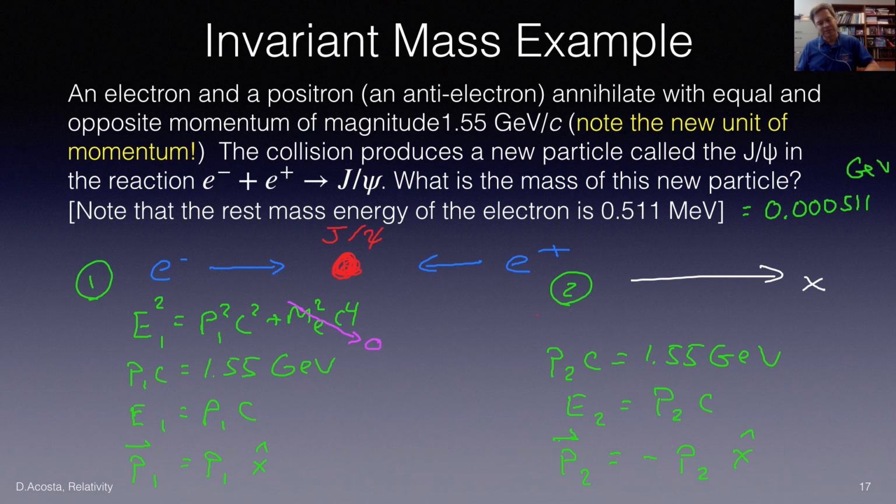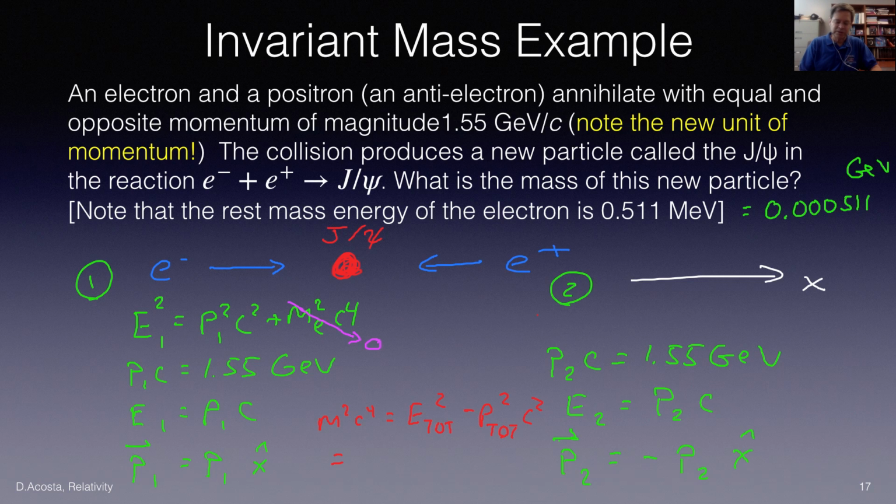So, I made this slide a little bit busy here, but we can now calculate the mass of this object, this so-called J psi. Remember that mass squared c to the fourth equals the total energy squared minus the total momentum times c, each quantity squared. What is this going to be?